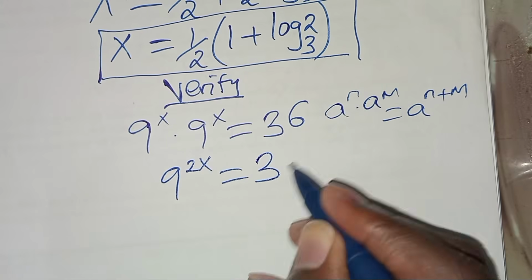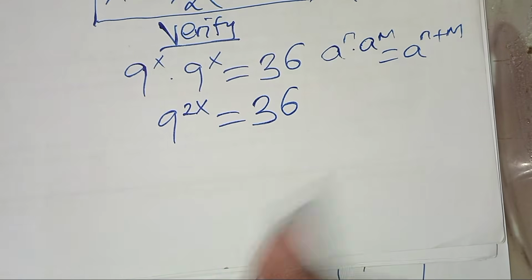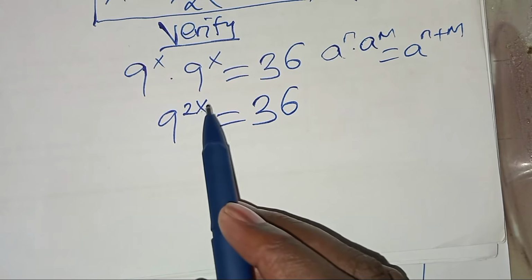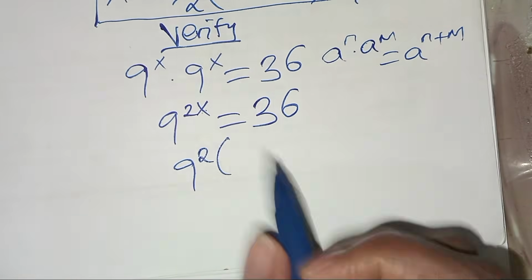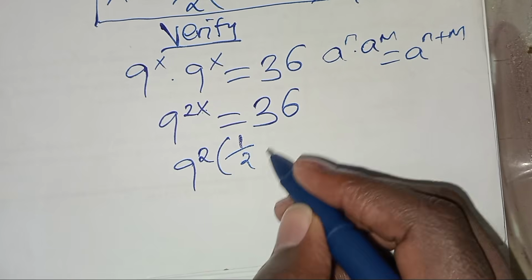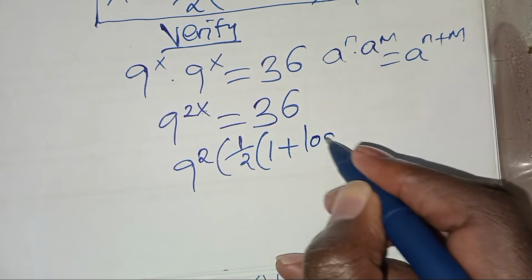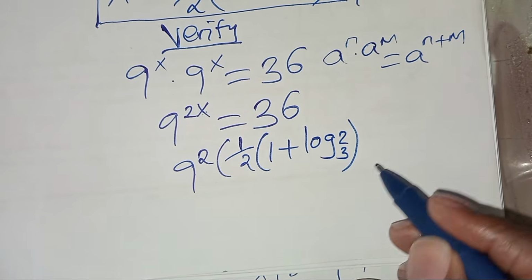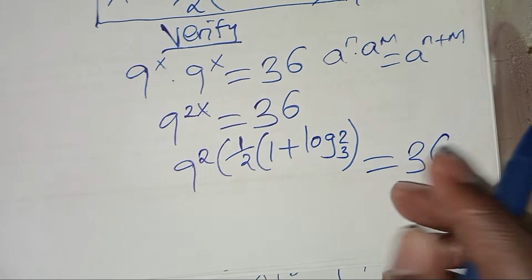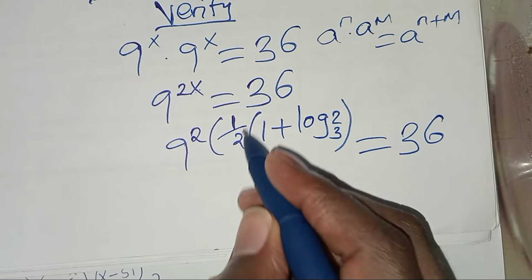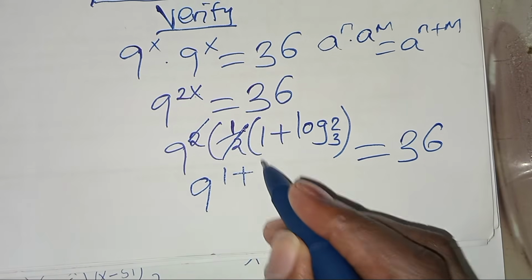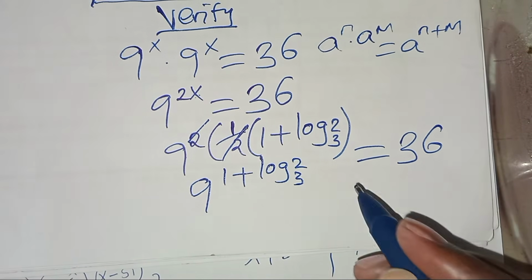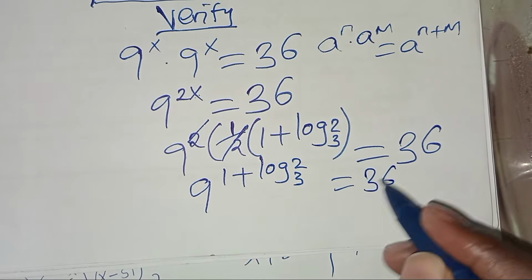This should give us a value of 36. Okay, so let's substitute the value of x here. We'll have 9 to power 2, where the value of x is half, okay, 1 plus log 2 to base 3. This should give us a value of 36. Now we simplify here so that we'll have 9 to power 1 plus log 2 to base 3. This should give us a value of 36.